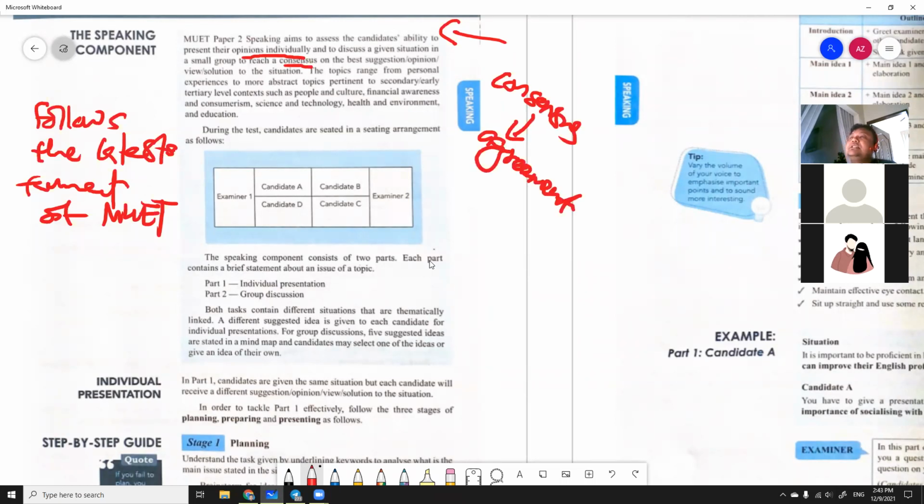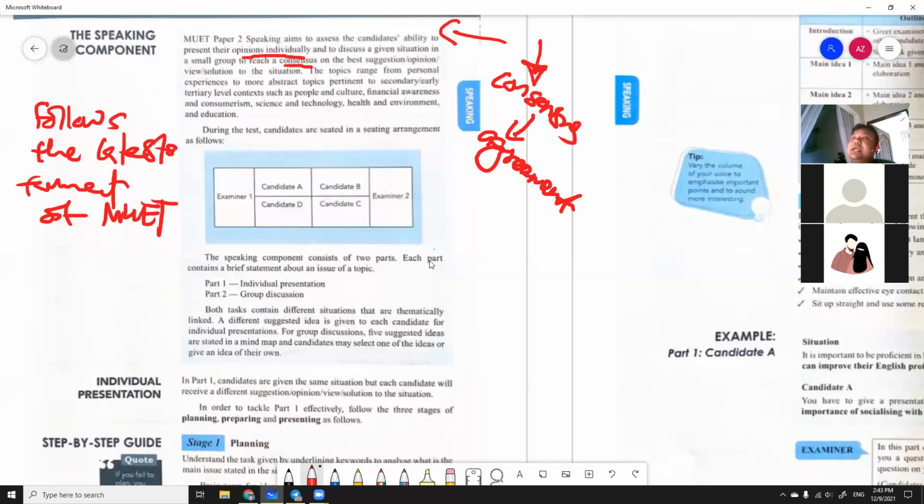When you have been debating your point of view, agreeing and disagreeing with the other candidates' points of view, you would come up with a mutual consensus at the end of the session, on the best suggestion, opinion, view or solution to the situation.